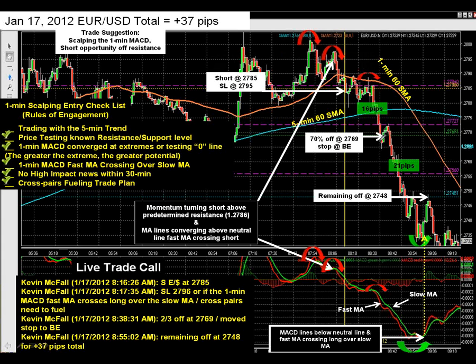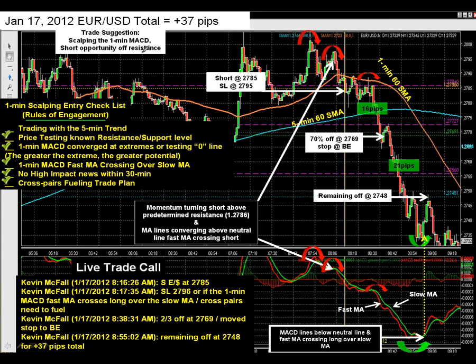The channel break strategy is designed to produce anywhere from 20 to 80 pips, and the scalping strategy that we're going to show here is designed to produce 10 pips plus. It is, however, a very low risk trade, and you can pretty much scalp 10 pips just by following our rules of engagement.